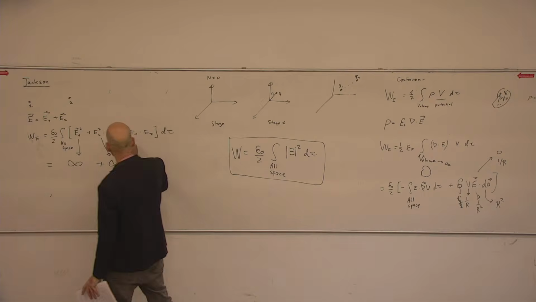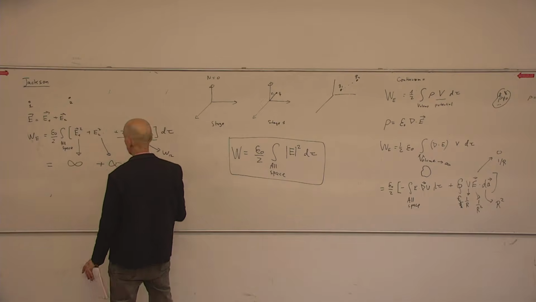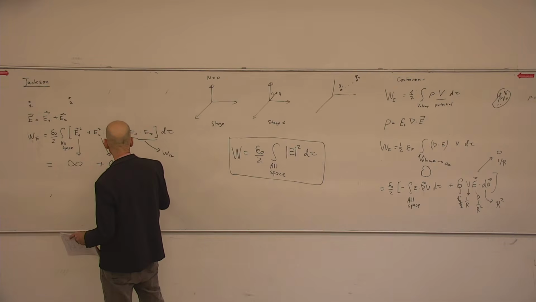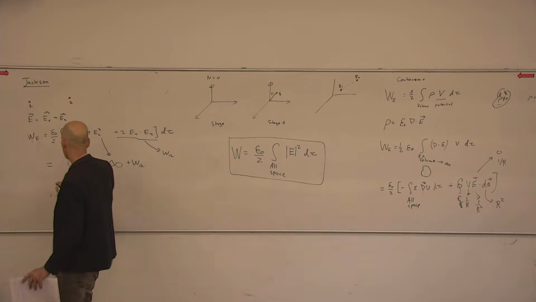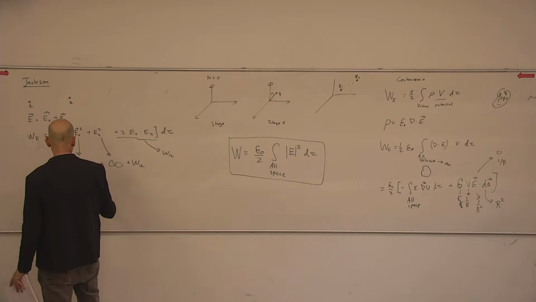But let's call the energy from these 2 charges W12. This energy W12 is very simple: simply Q1 Q2 over 4 pi epsilon 0 times the absolute value of R1 minus R2.